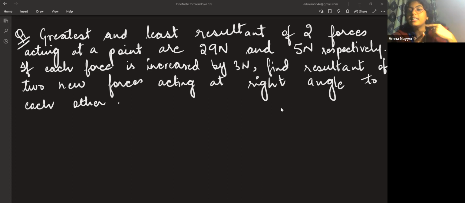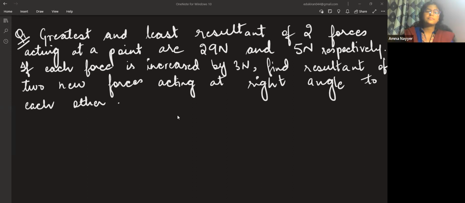If I give you two forces, when can you have the greatest resultant? When you are adding them. So here also, the greatest resultant will be when you are adding them, and the least resultant will be when you are subtracting them.